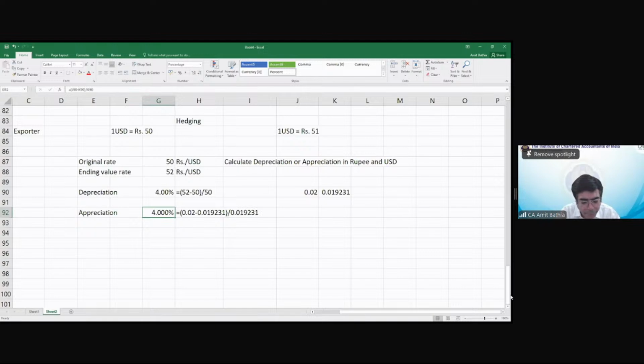I'm a little confused as to why we have 0.0192 as the denominator, because we start at 0.02. It's either plus or minus from that. I'm not able to understand why you're dividing by the ending value rather than the beginning value, because normally change is calculated from the beginning, from point A, rather than where we are. I'm a little confused.